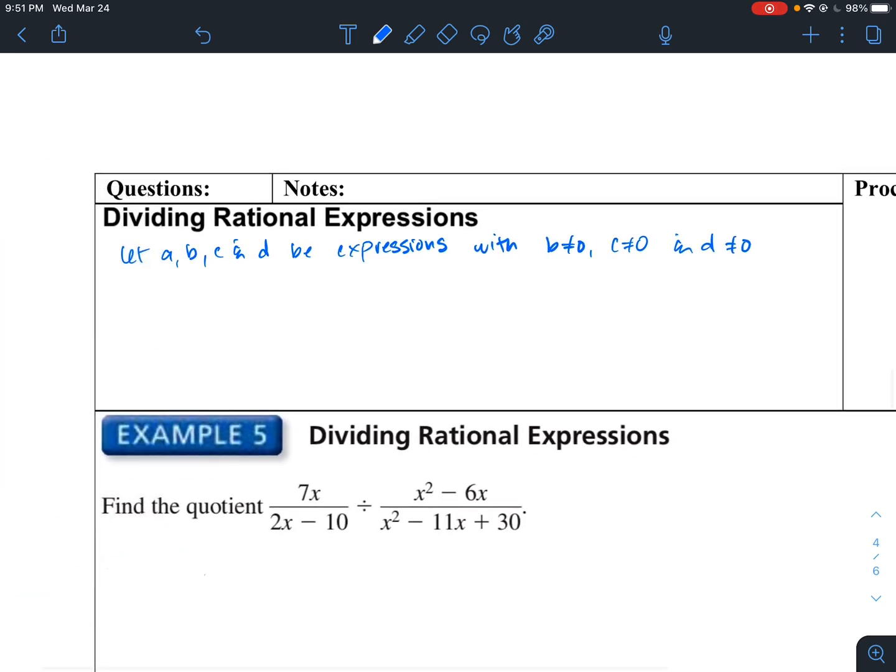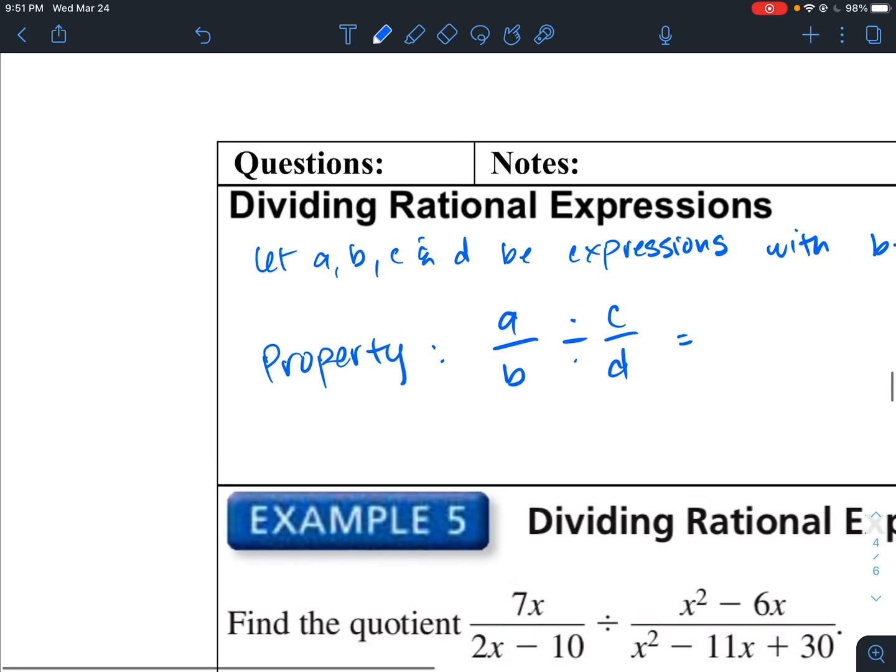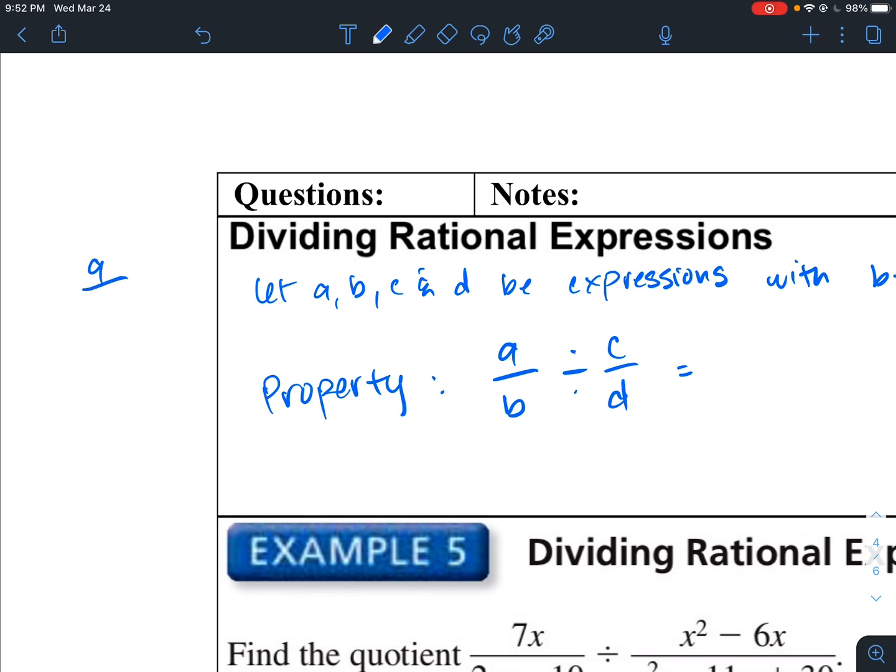Here's the property of division, and it states that if you have A over B divided by C over D, this is equivalent to, we've talked about this before, A over B divided by C over D.